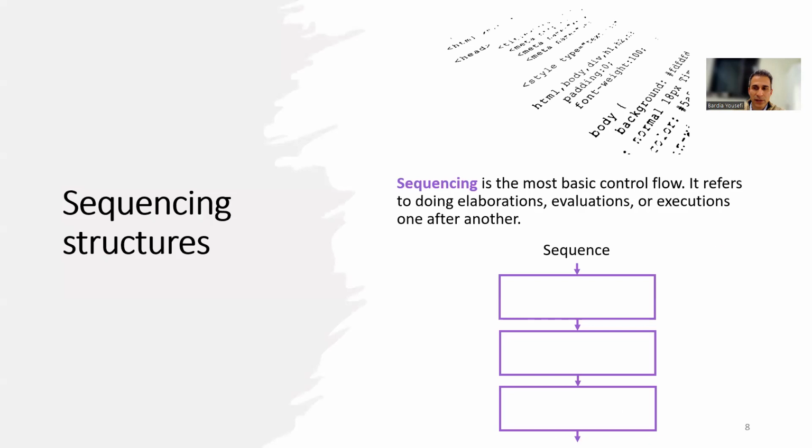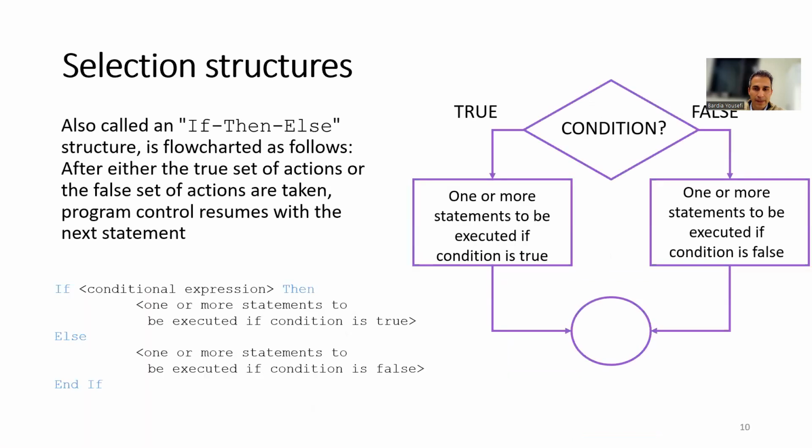Sequencing represents the fundamental control flow where actions, executions, and evaluations occur consecutively, one after the other. Unlike sequencing, the selection structure, often called the if-then-else structure, follows the flow that it checks the condition.